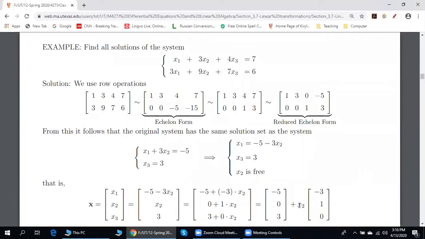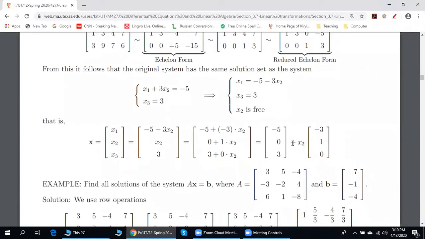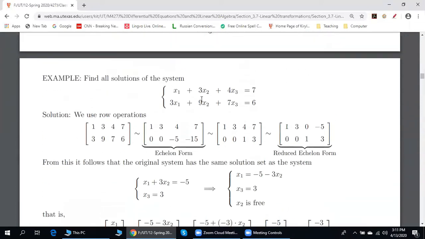For example, if you replace x2 by 0, the second term will disappear completely. But remember, no matter what we plug in instead of x2, the whole thing is a solution. So, if we replace x2 by 0, this term disappears. Therefore, what is left is this, and this is a particular solution of our system.